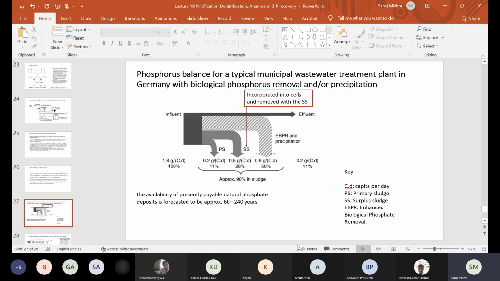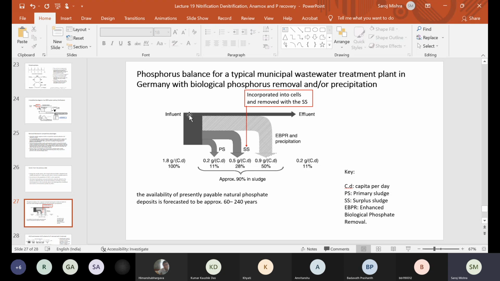And now here is a phosphorus balance which has been given for a typical municipal wastewater treatment plant in Germany, where they have incorporated biological phosphorus removal. What you see is the influent, this is your wastewater stream coming into the plant.